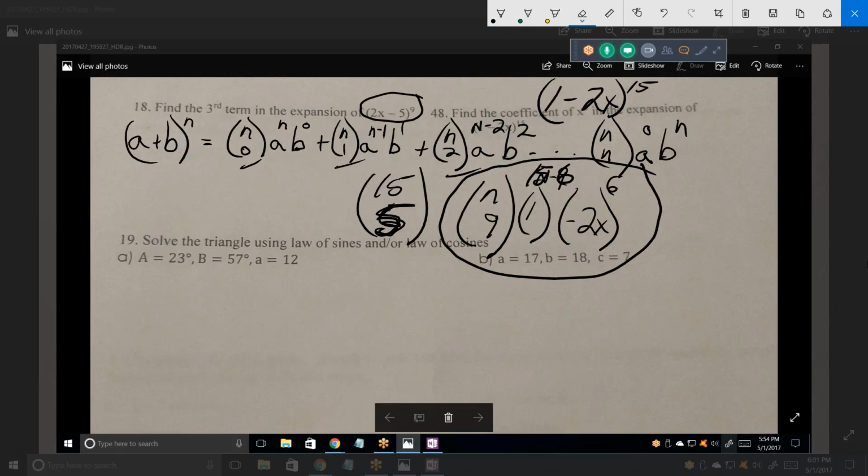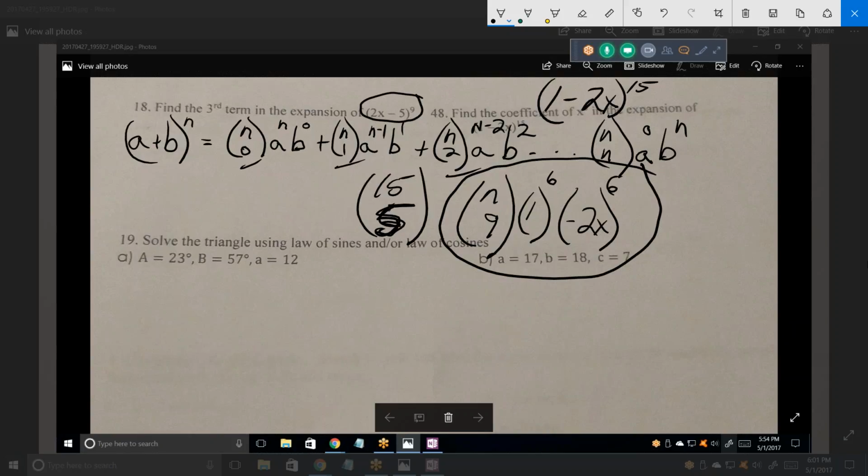What do I mean? Let me think about this for a second. It's a to the nth, a to the n minus that. So in this case, it's a to the 15 minus 9, so that's 6.